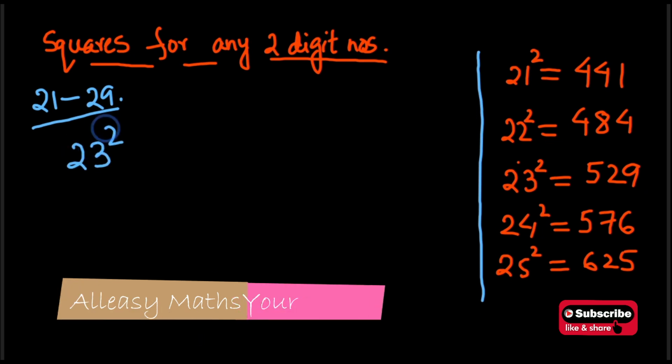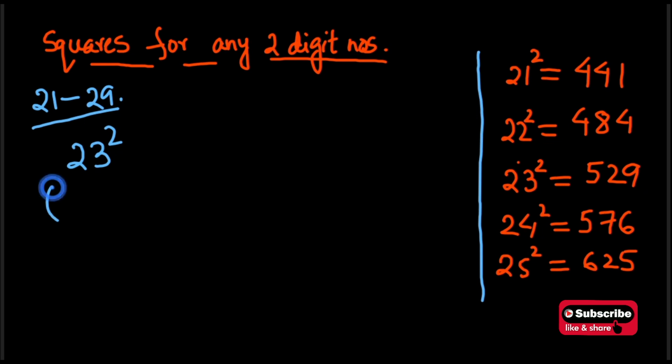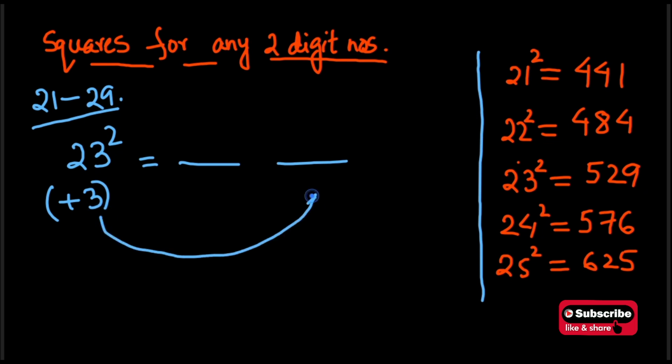Now let's say 23 square we need to calculate. So how much is it from 20? Now what we have to do here is that the last digit will be 3 square. 3 square is going to be 9, and then for the first two digits, all I'm going to do is the number itself, 23, plus the 3.